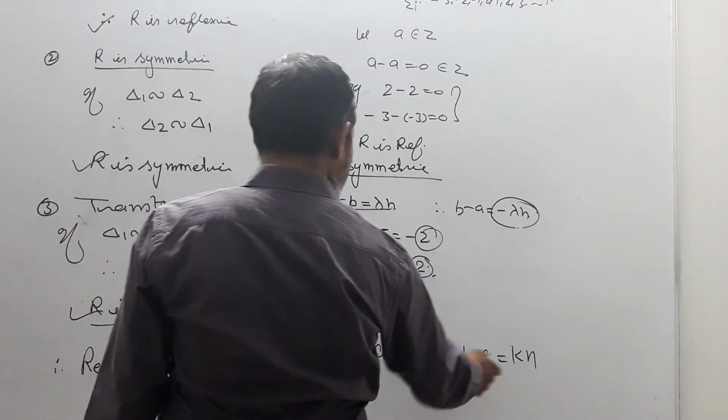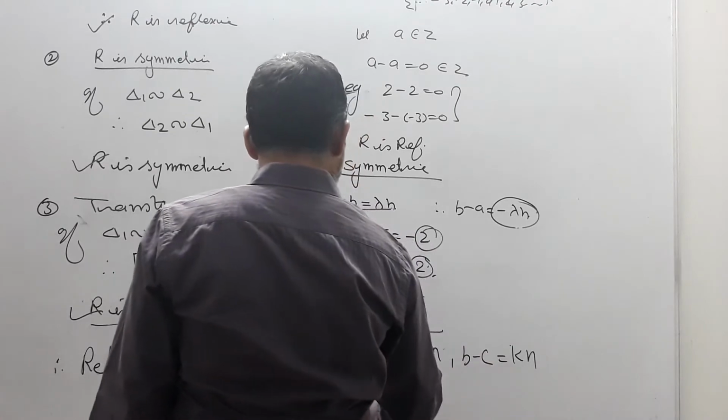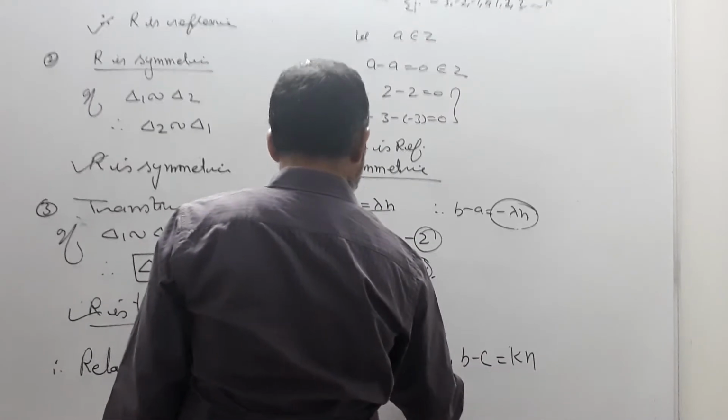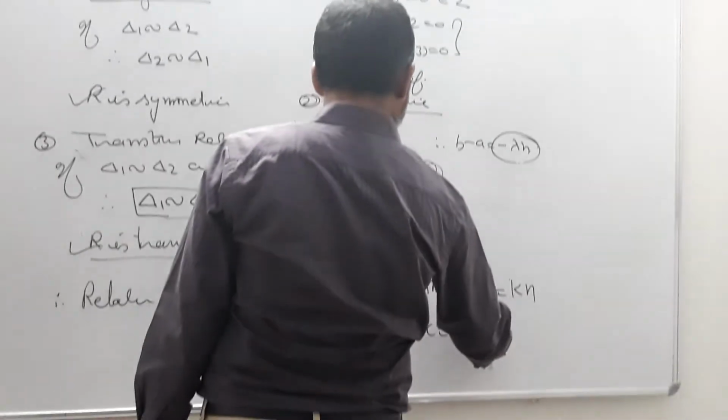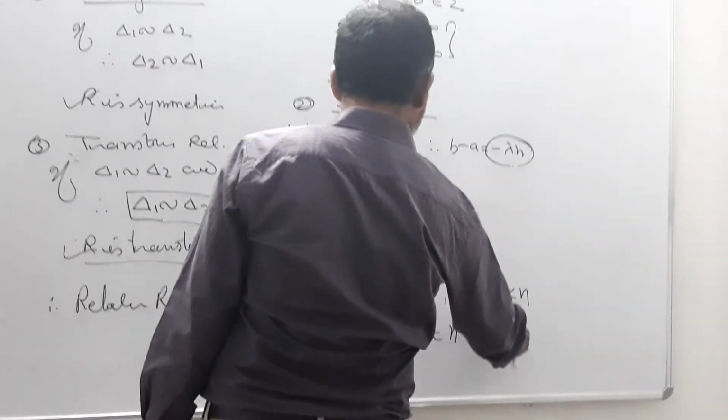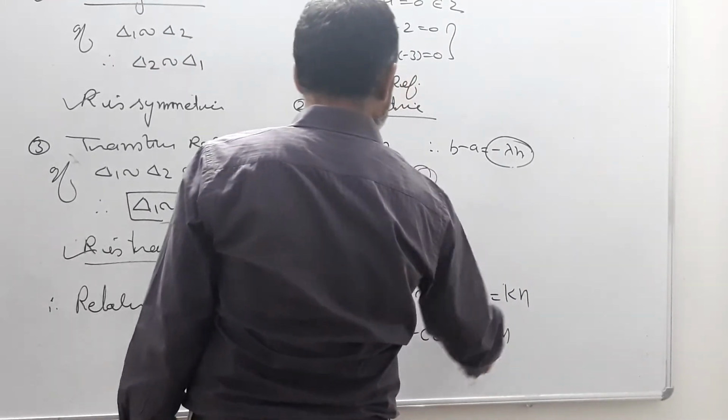Adding these two, A minus B plus B minus C, equals n times lambda plus K times n.